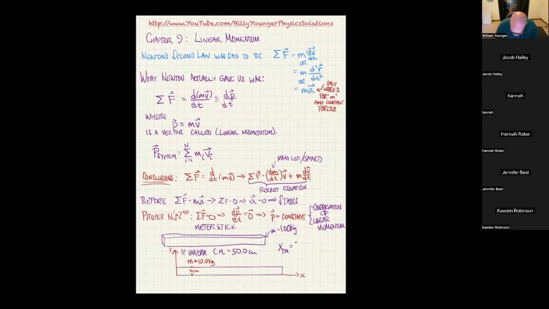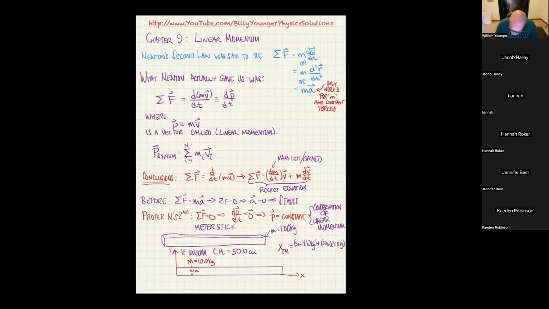Then I'd say 5 centimeters times 10 kilograms plus, now remember the meter stick was uniform, so that's 50 centimeters times 1.0 kilograms. That gives me the total pull that it has down and to the right, okay?